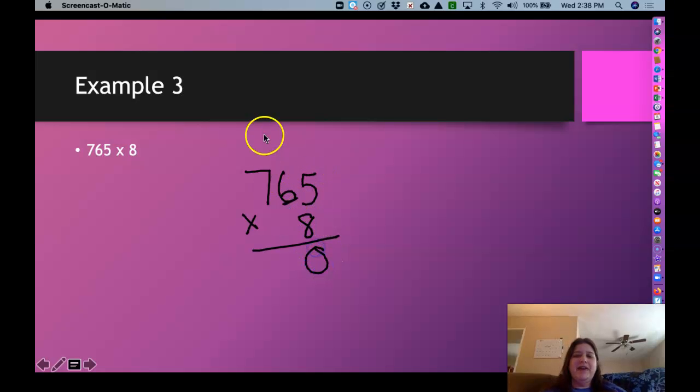Put the 0 down, carry the 4. 8 times 6 is 48. 49, 50, 51, 52 because we add that. And 8 times 7 is 56. 56 plus 5 is 61. And put my comma in there to get my product as 6,120.